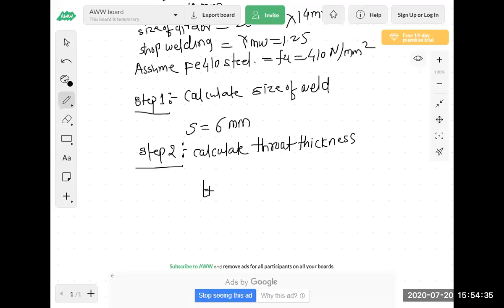So the throat thickness, that is TE. Okay. Now anyone tell me how to calculate the throat thickness here? Please.